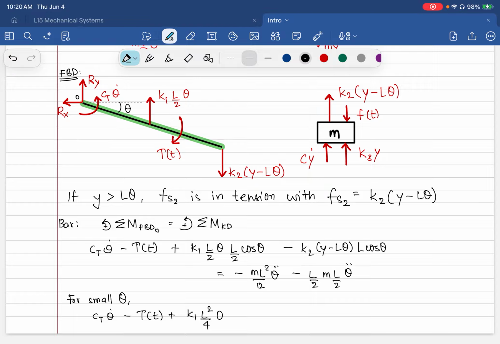It's just L square by 4 theta minus k2 times (y minus L theta) times L. Again, cos theta becomes 1, it's very small, is equal to, and I'm just going to simplify this, and I will get m L squared by 3 theta double dot.